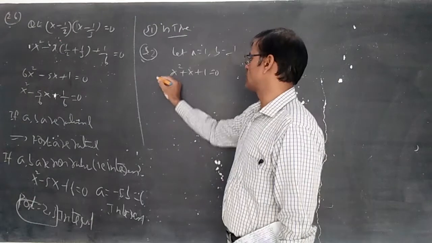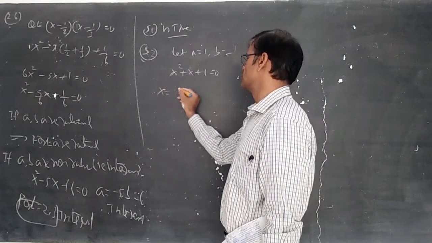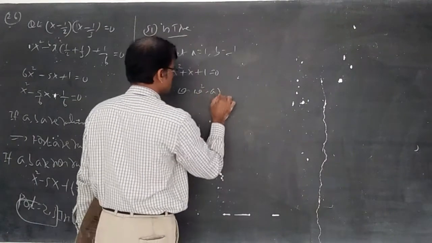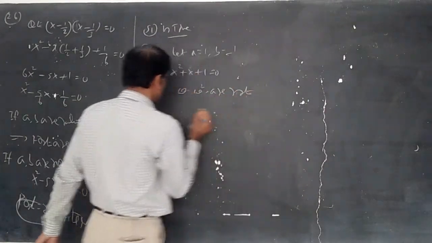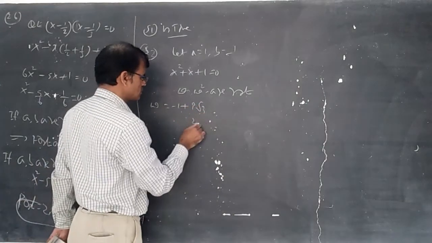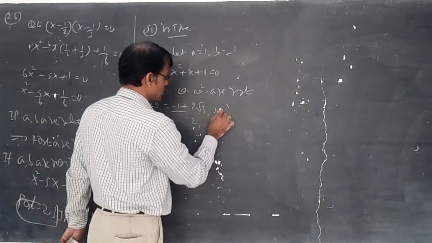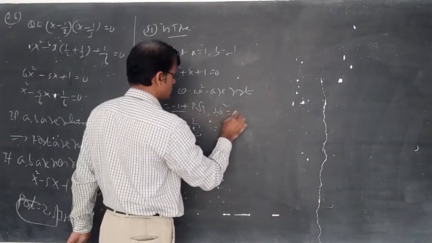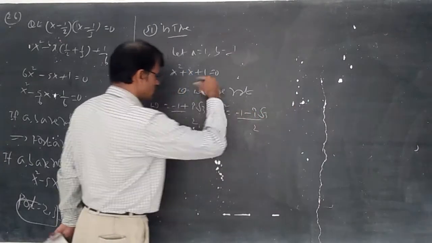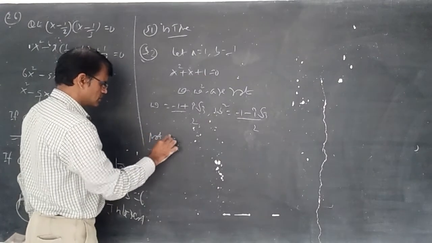What are the roots? x is equal to omega, omega square. Omega means the value minus 1 plus i root 3 by 2, omega square means the value minus 1 minus i root 3 by 2. They are not integers.